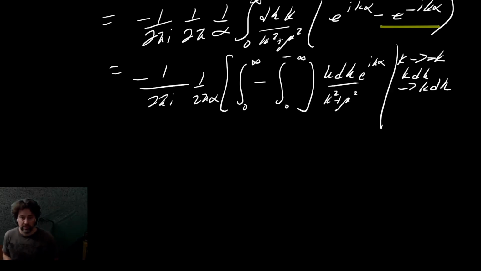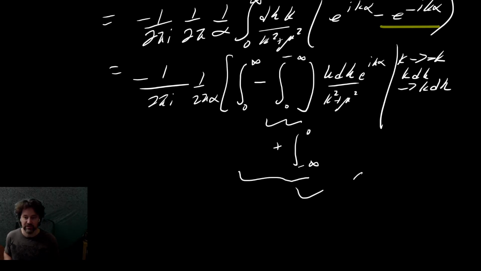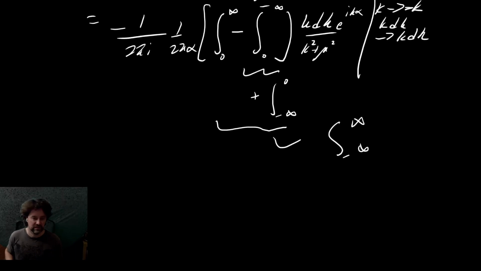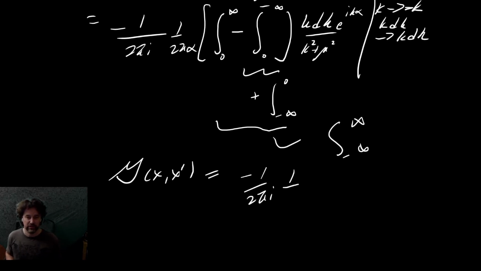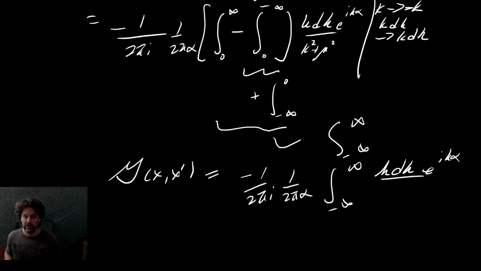There we go. Now this guy is plus the integral from minus infinity to 0. So we add these up. We now have the integral from minus infinity to infinity. All kind of works out nicely. And we're left with G of x prime equals minus 1 over 2 pi I, 1 over 2 pi alpha, integral from minus infinity to infinity of k e to the I k alpha over k squared plus mu squared.